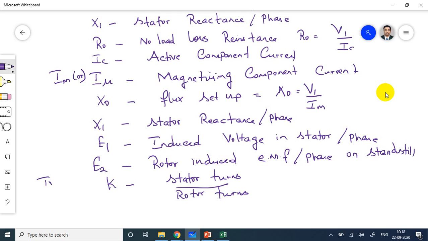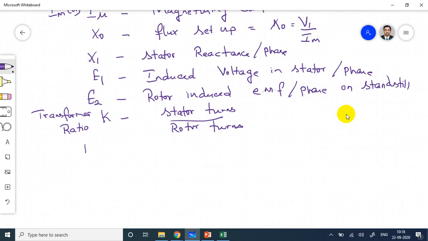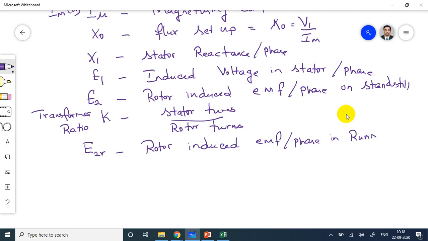Then E2R stands for rotor induced EMF per phase in running condition. Okay, in running condition.